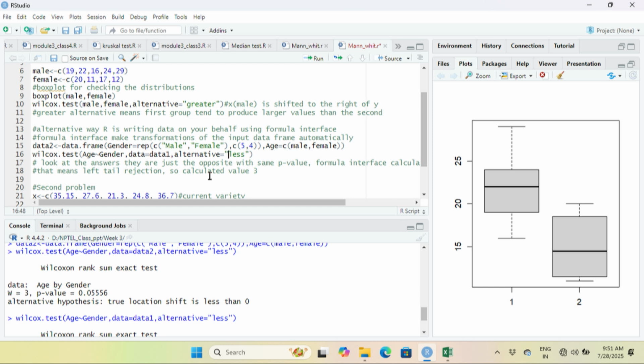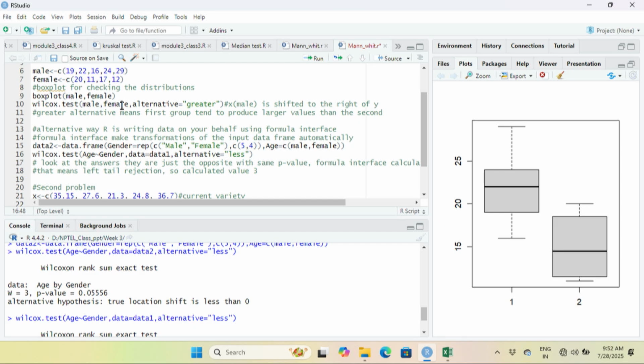Remember when I first defined the Mann-Whitney U statistic, if you want to show X is stochastically larger than Y, then the test statistic calculation was just the opposite. You have to see how many Y's are bigger than X. If X is greater than Y, the test statistic was just the opposite. How many Y's are bigger than X? Remember? So that is what is done by the formula interface.